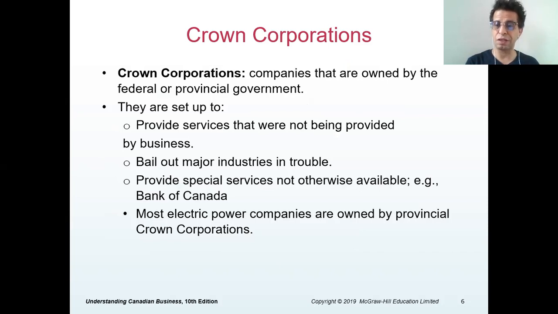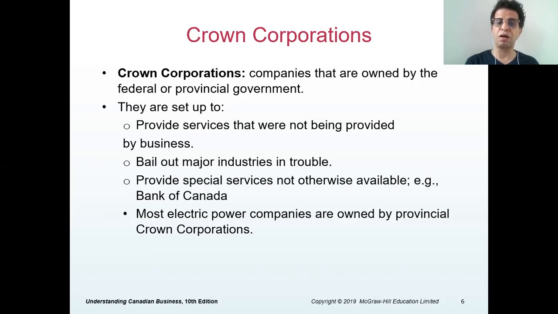If you put it in the hands of the private sector, they might not deliver as well as the crown corporation can, because the private sector is in business to maximize profit. So they don't put much effort in if the profit is very low or none. That's one of the reasons we have crown corporations.